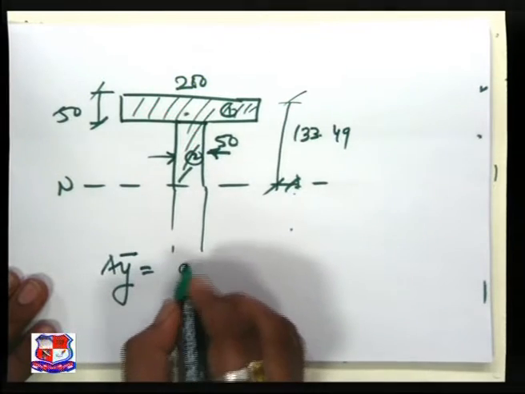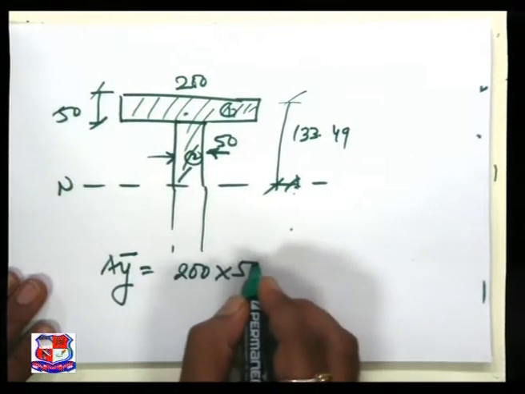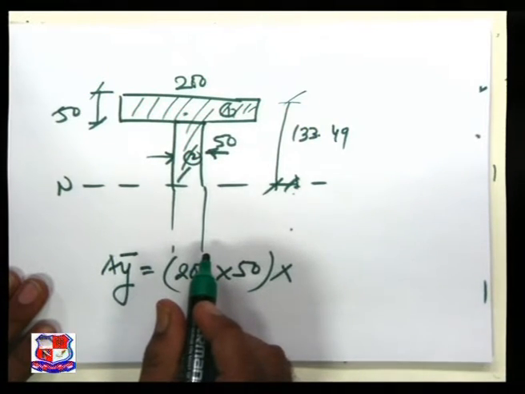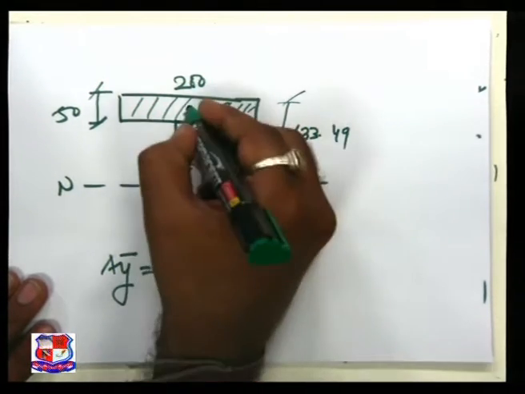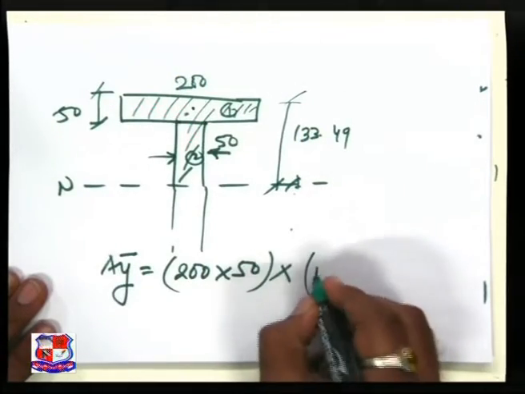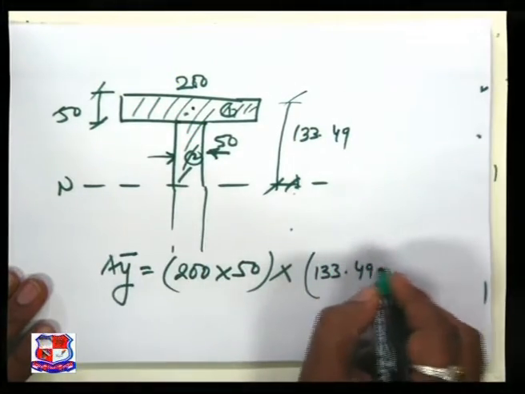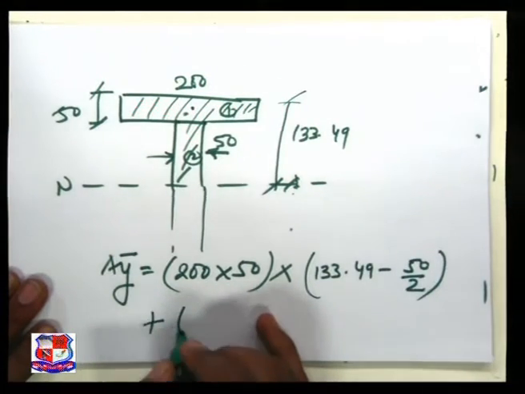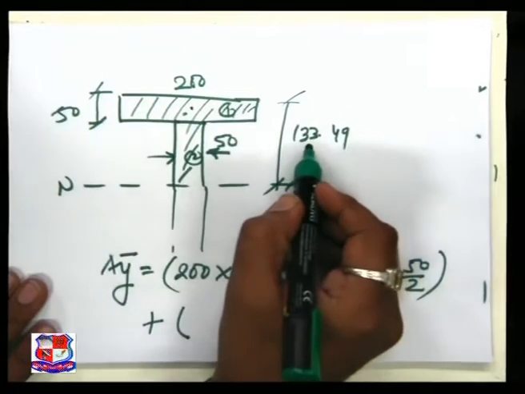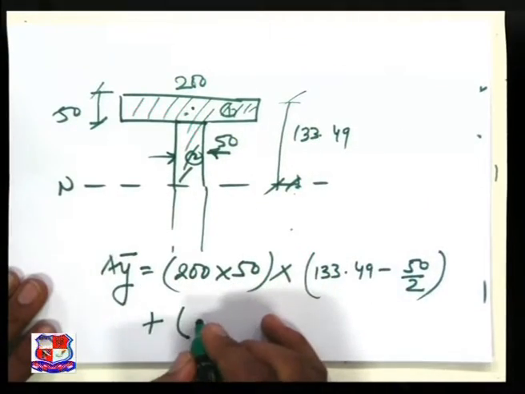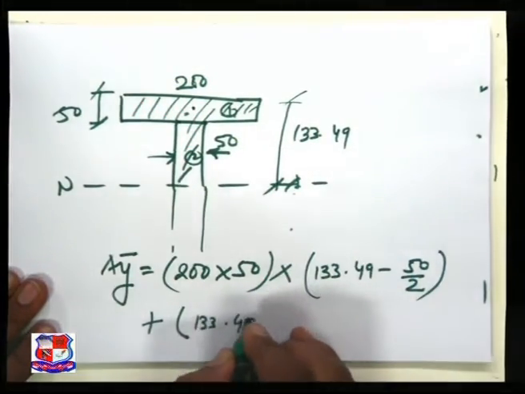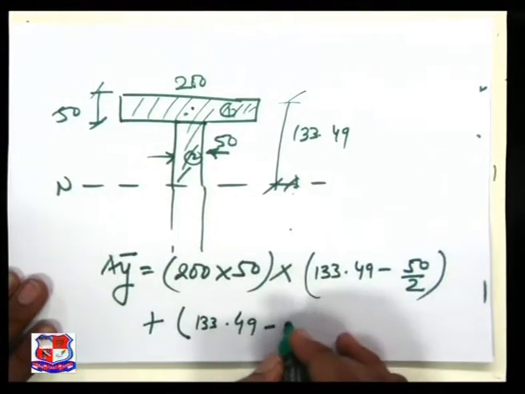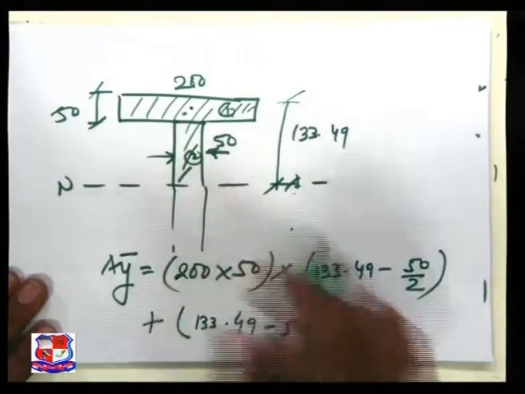If we divide into two parts, the first and the second, then A y bar is equal to, for the first part, the area 200 multiplied by 50, multiplied by y bar for the first area, the CG over here, 133.49 minus 50 by 2, plus another area, that is 133.49 minus 50, the available length for the web, multiplied by thickness 50.